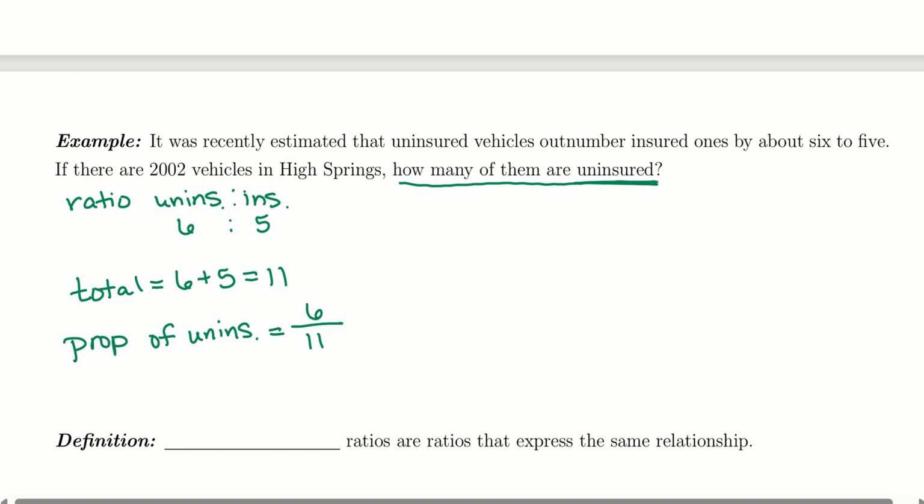Now that we have this proportion from our ratio, we can take that proportion. We know 6/11 of the 2,002 cars in High Springs will be uninsured.